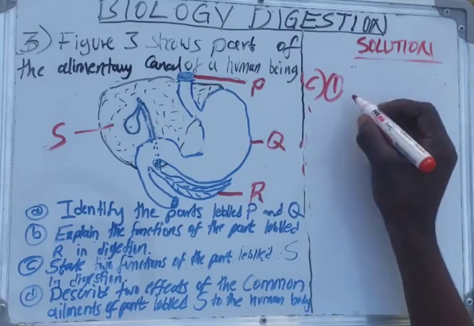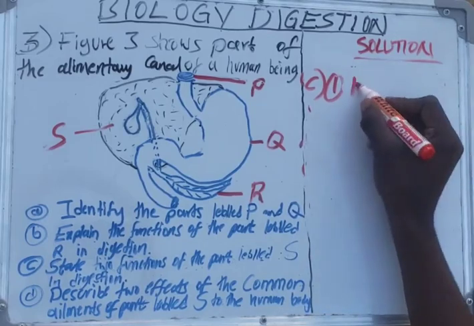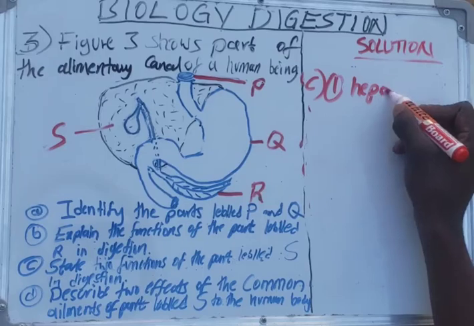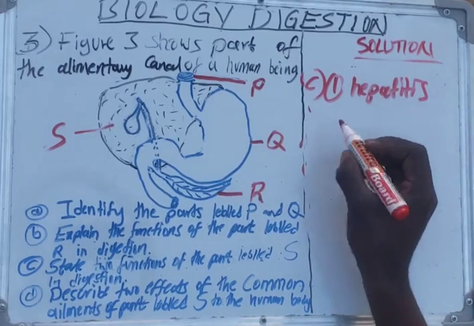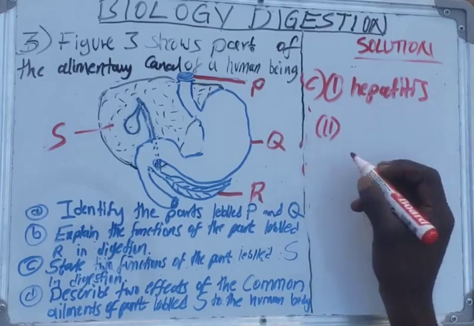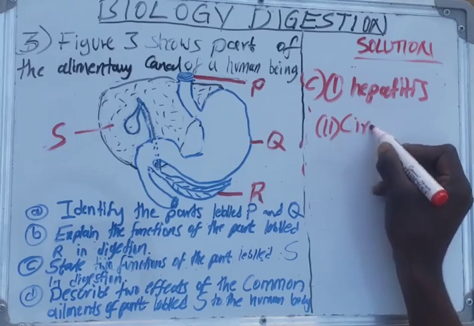So number 1, there is this condition which is called hepatitis. Okay, so this is the first one. Then the second one, we can say cirrhosis.